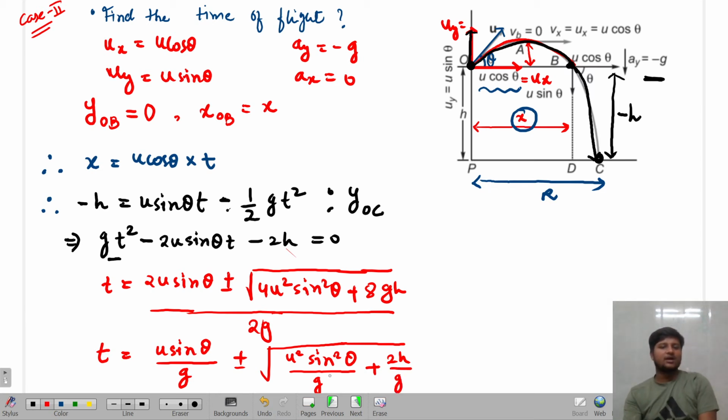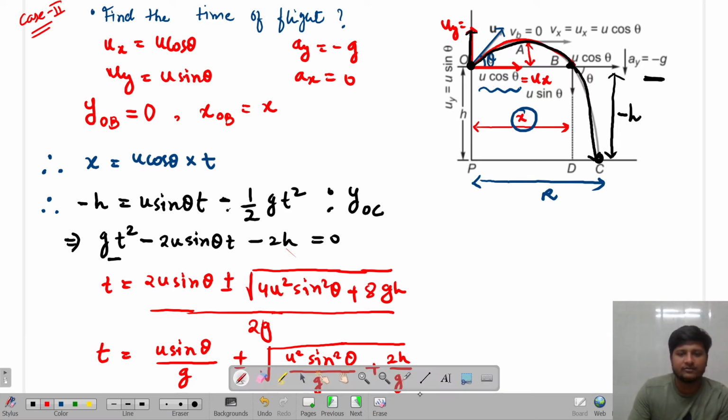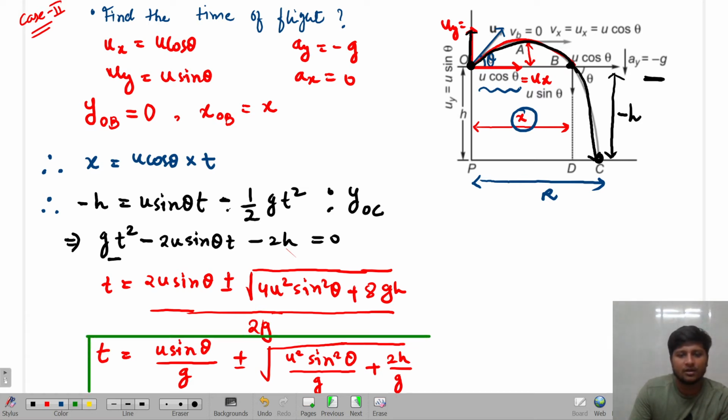So this is the total time equation, means this is the time equation for the particle which is following this particular path, right or not? Are you able to get me or not? Yes or no?